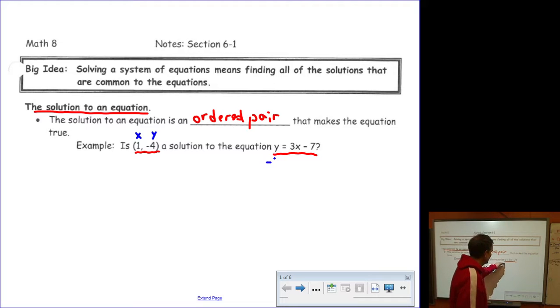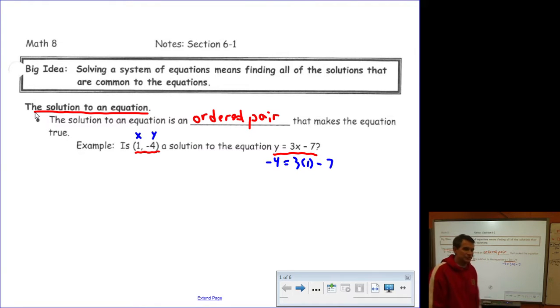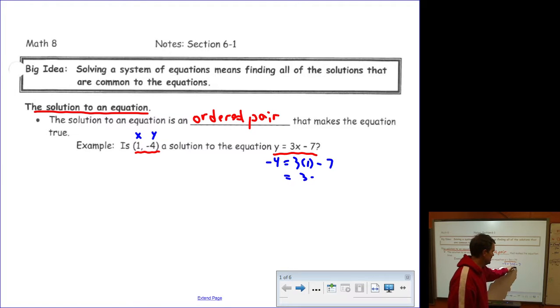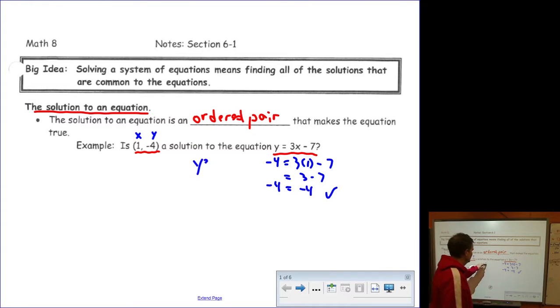So that might look like this. And we're saying, is that true? So we'd go ahead and simplify the right side. And in fact, we find out it is true. Yes, that ordered pair is a solution to that equation.